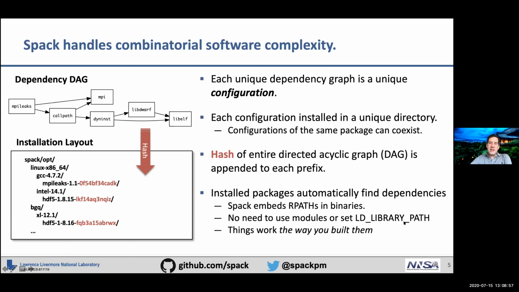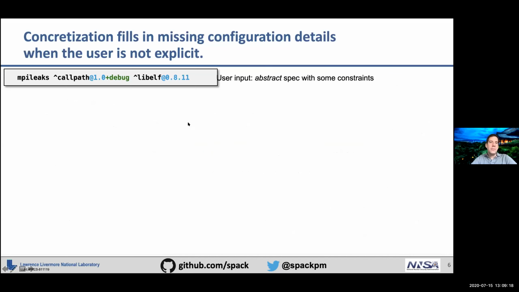We try to avoid things like LD_LIBRARY_PATH in Spack because they're kind of unwanted global variables. You set them in your environment and they sort of apply to everything. And often if you're dealing with different versions of dependencies, that's not what you want. You might want to run one application with one version of MPI, another application with another, or so on for different dependency versions. So this is how we manage combinatorial installs.